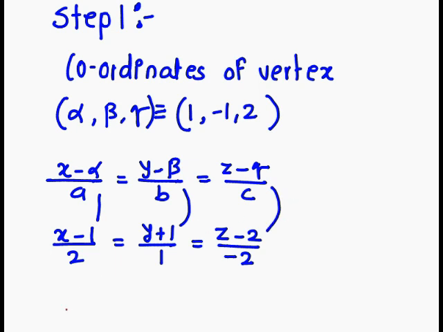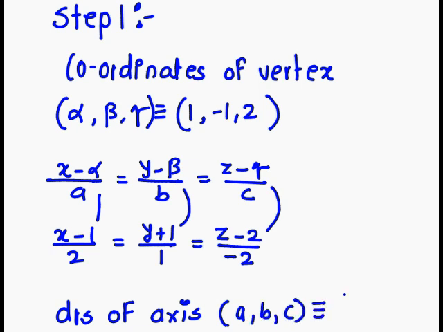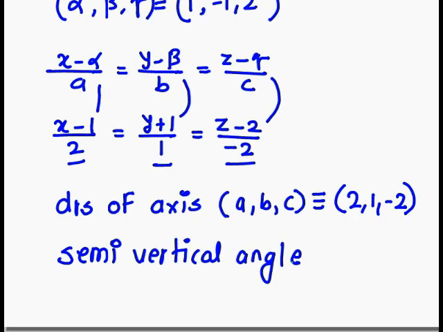And the values of a, b, c, that is the DRs of the axis, are (a, b, c) = (2, 1, −2). Now to find the equation of the cone, we require the semi-vertical angle, and that is given as 45 degrees. For that, we require the value of cos 45, which is 1/√2.